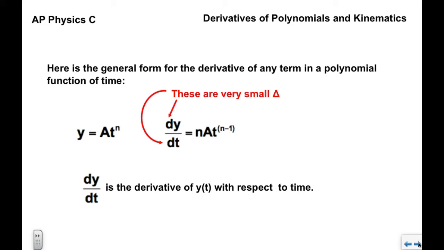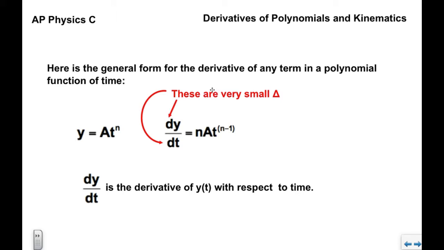Now, the general form, which is called the power rule, the general term for the derivative of any term in a polynomial function, y equals some constant a times t to the n, n is some exponent. We're going to call the derivative dy over dt. These d's here, these are not variables.